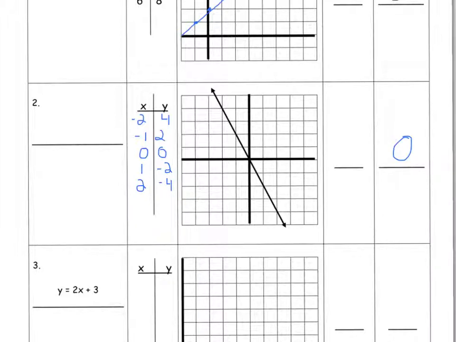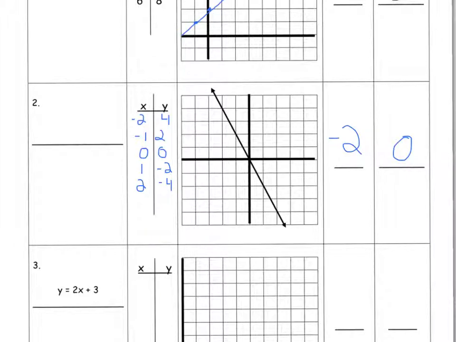Alright, so we have a good basis here for our table so that we can figure out the rate of change. So let's see, y goes from 4 to 2 to 0 to -2 to -4. So it looks like our rate of change is going to be -2.